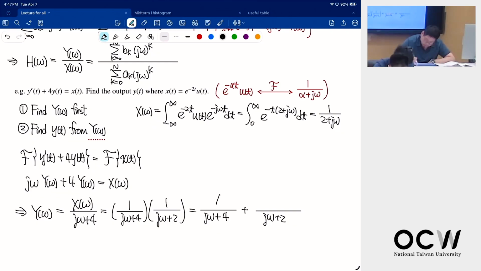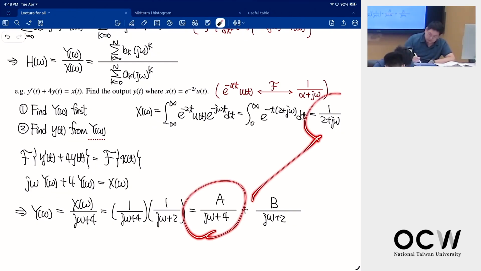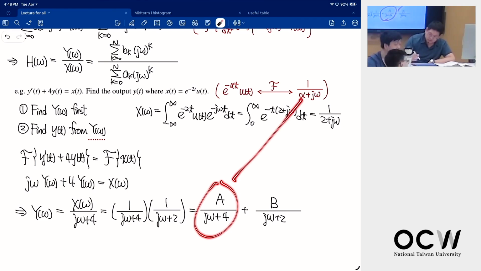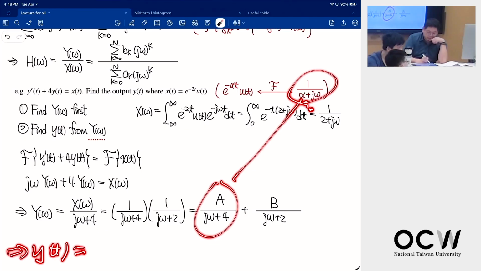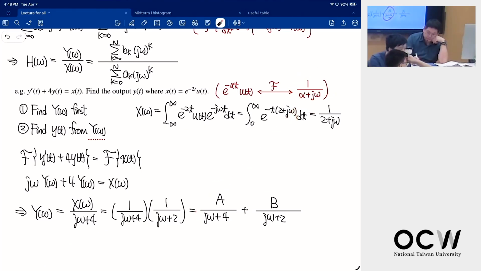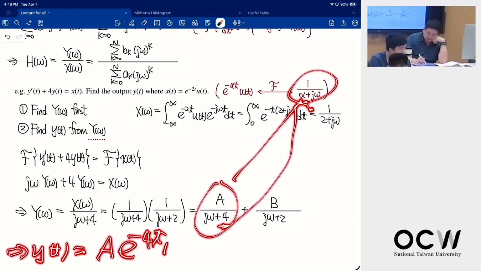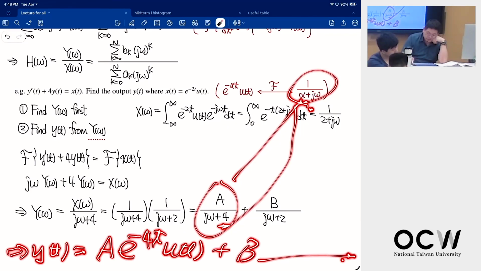Here we have A and B. Now we can expect that my y in time domain will be A, with alpha 4, times e to the minus 4t u(t), plus B, same thing.